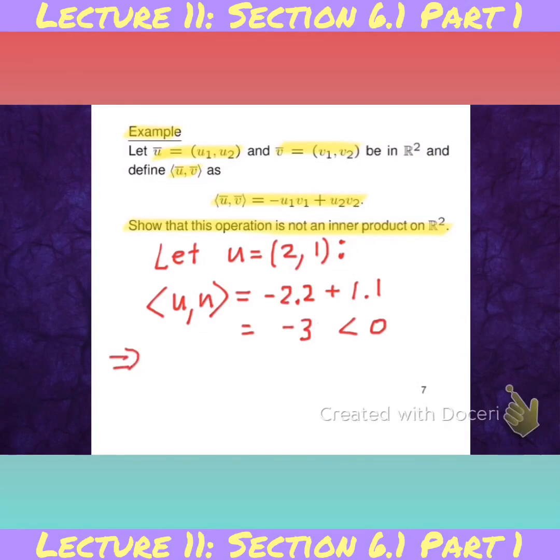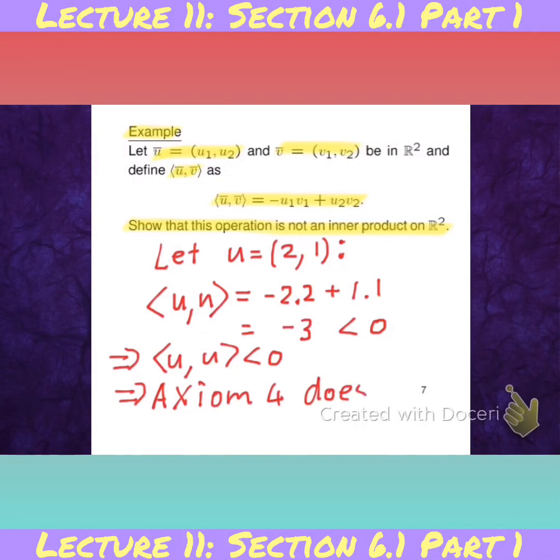Now minus 3 is strictly less than 0, and therefore that implies that this particular product is strictly less than 0, which implies that the final axiom, which is axiom 4, does not hold.